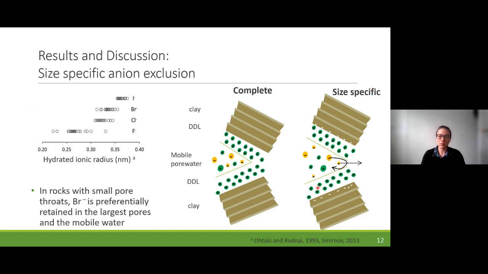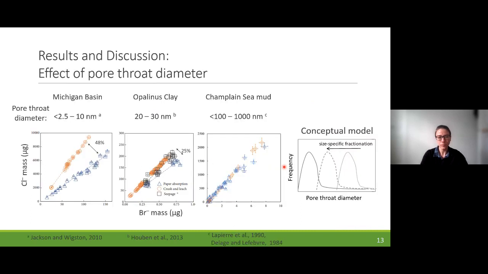We can also have size-specific anion exclusion, which occurs where the diffuse double layers come close to each other, but don't quite overlap, which means that the smaller chloride anion can move through our pore spaces, whereas the bromide anion will become fractionated in the larger, more connected pore spaces, which is the water that we extract using the paper absorption method.